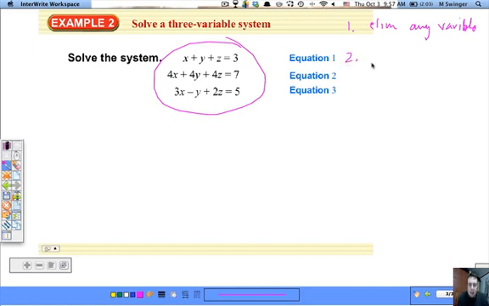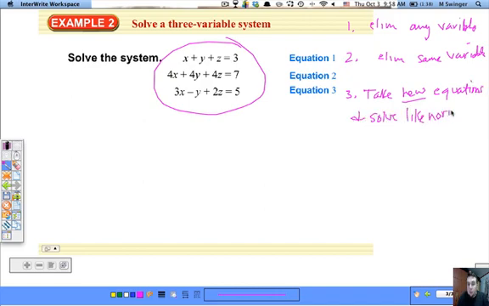Number two, take any other two equations and eliminate the same variable. Okay, those are your steps so far. And then number three, take the new equations, and solve like normal. Okay, solve like normal.